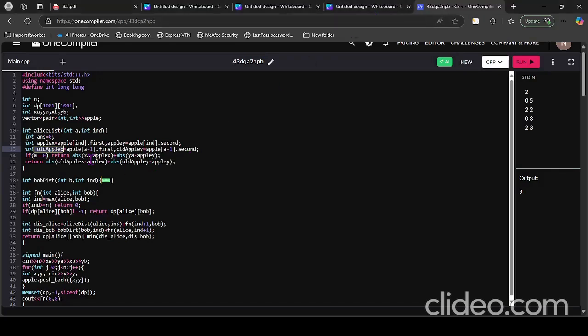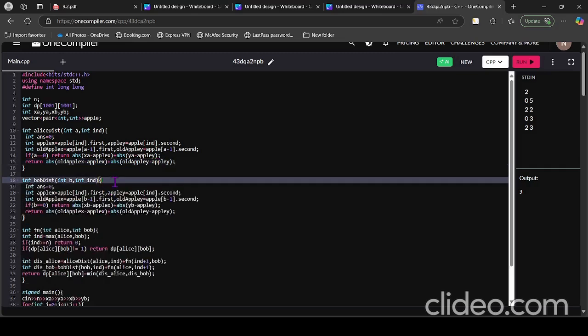If A is equal to 0, he is at the initial position, so we are returning the Manhattan distance between his initial coordinates xa, ya and the apple that we are collecting now, apple x and apple y. And if he is not at the initial position, he will be at the A-1 index apple, so its coordinates are old apple x and old apple y. So the answer will be the Manhattan distance of these both.